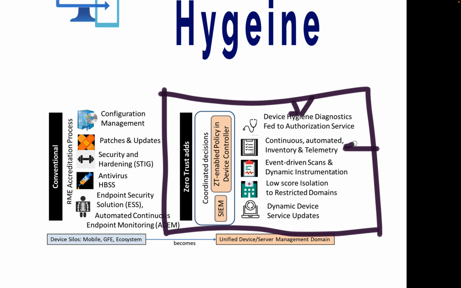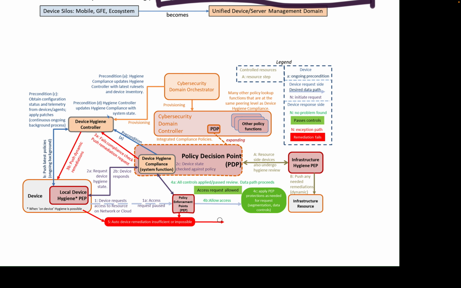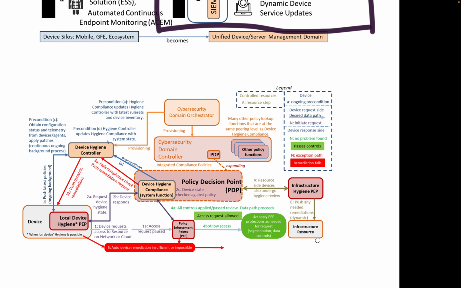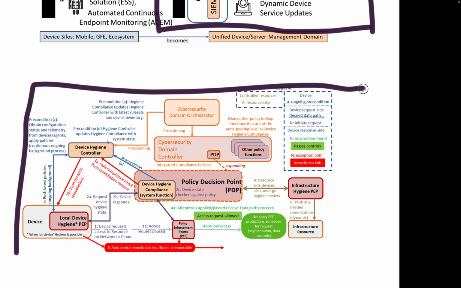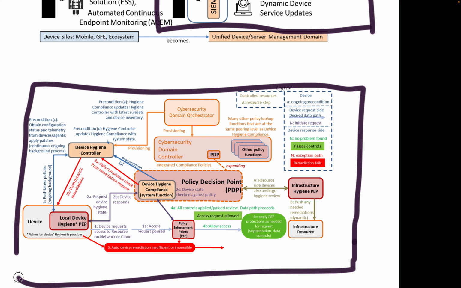Will it send telemetry? That's a nice thing to know to decide if you're cool or not cool. Is it fine with sharing information? And this is just a service view of how device hygiene is performed within zero trust architecture.